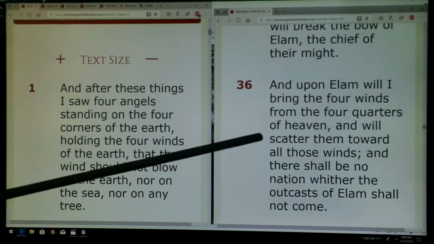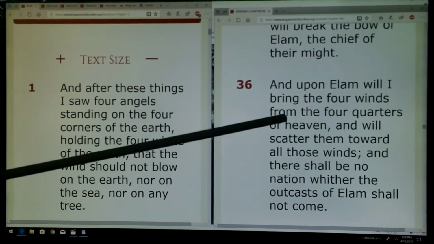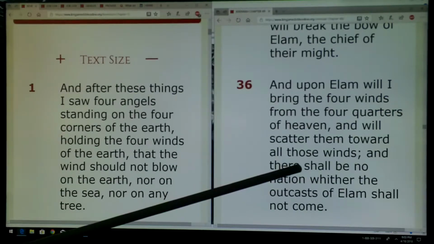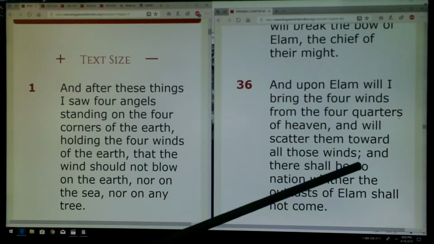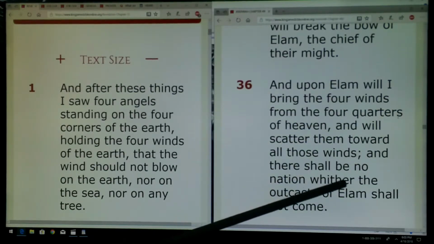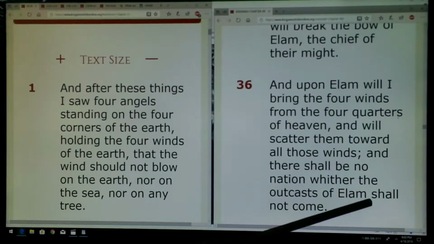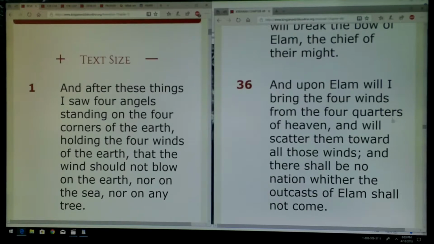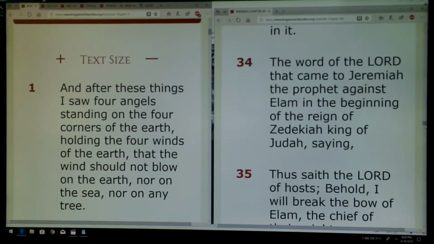That's the four sections of the sky from the center of the earth. And I will scatter them towards all those winds, and there shall be no nation whither the outcasts of Elam shall not come. He's talking about scattering the Elamites. Totally different situation. So that's another lie he told.